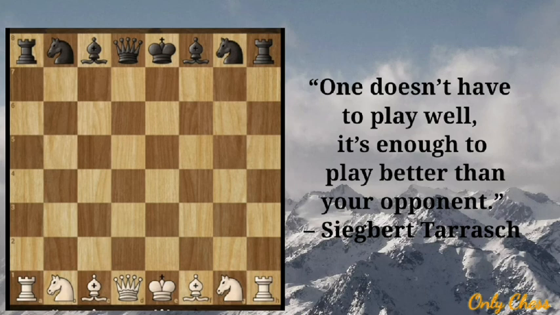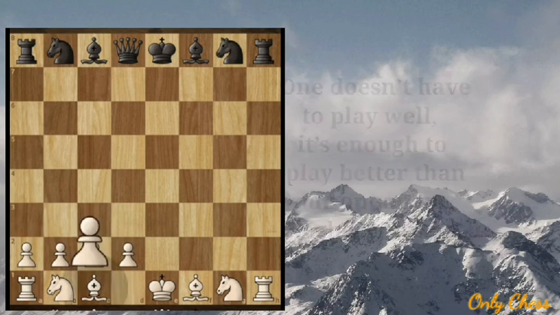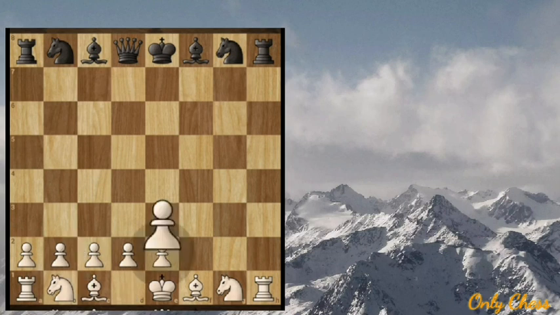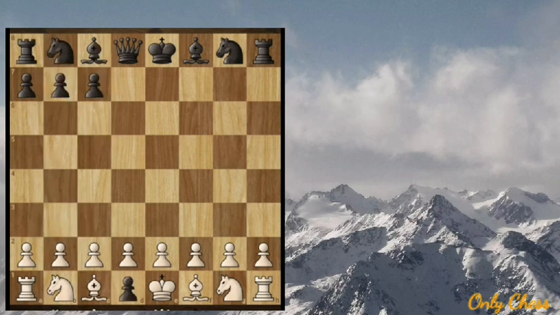There are 8 pawns for white as well as 8 pawns for black. This is the way a chessboard is arranged, and white makes the first move.